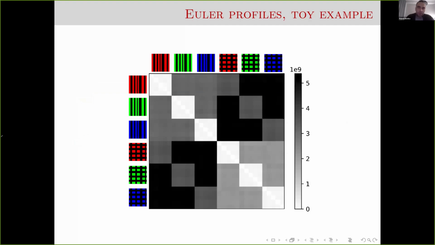So first of all, we have one cluster corresponding to stripes, one cluster corresponding to tartans, and those clusters are pretty far away, as we can see over here. I want to bring to your attention, for instance, this region right here. It corresponds to the distance between the red stripe and red tartan, which is closer than the distance between the red stripe and the blue stripe and the red stripe and the green stripe.